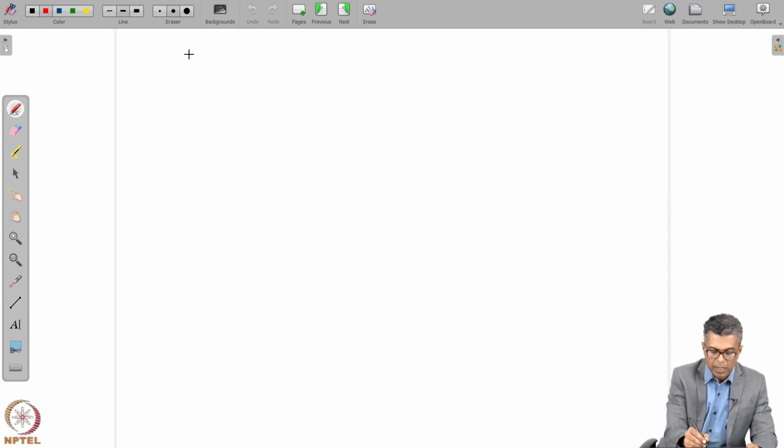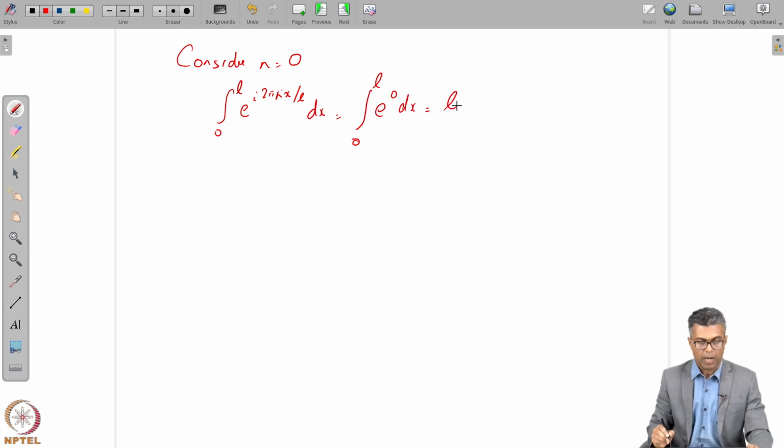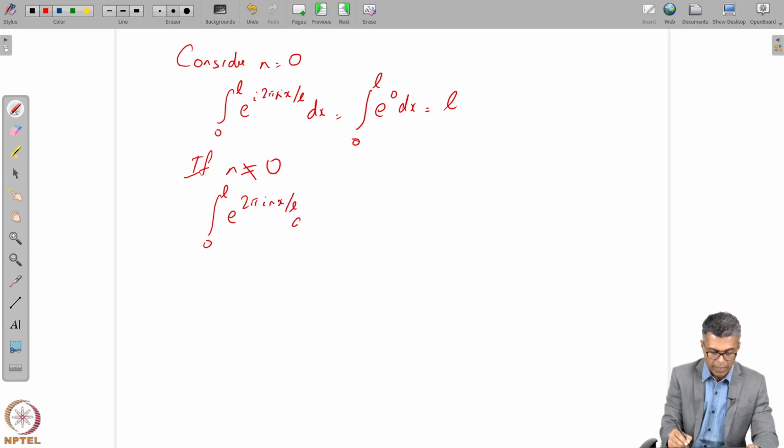Let's consider n equal to 0. What happens? You have the integral from 0 to L of e to the i 2 pi n x over L dx, which for n equal to 0 becomes e to the 0 dx, which essentially becomes just L. Now, if n is not equal to 0, then you have the integral from 0 to L of e to the 2 pi i n x over L dx.